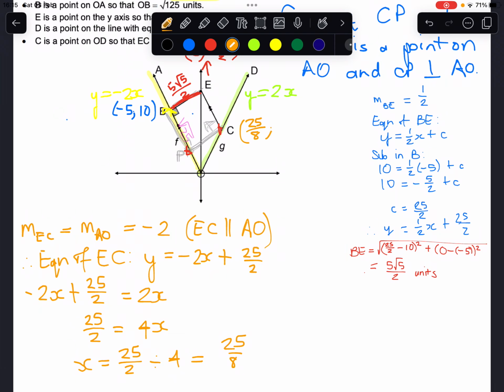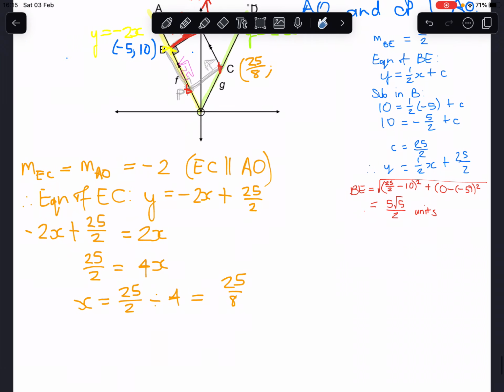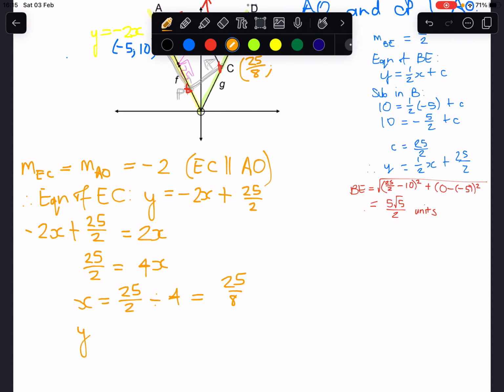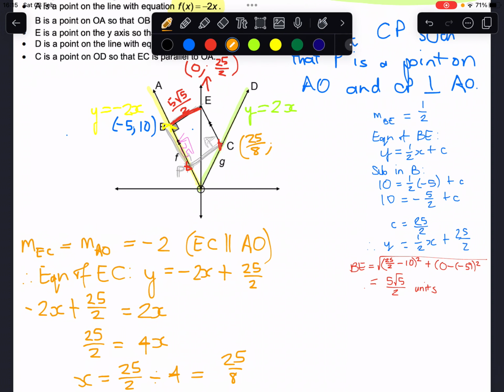Then we can find the y-coordinate by putting it into either line. So we've got 2 times 25 over 8, and that gives us 25 over 4.